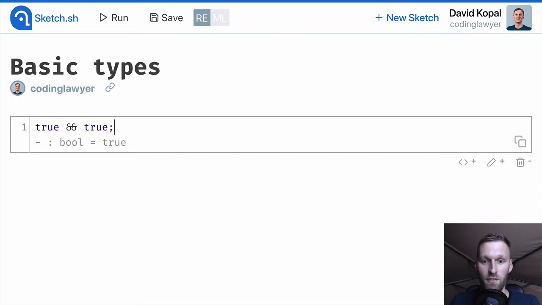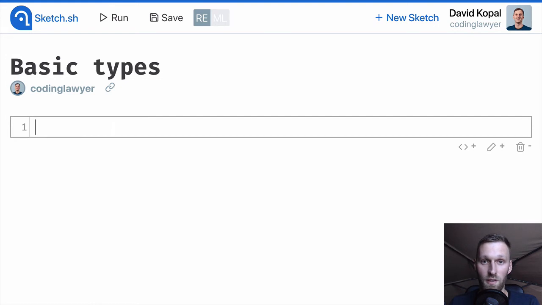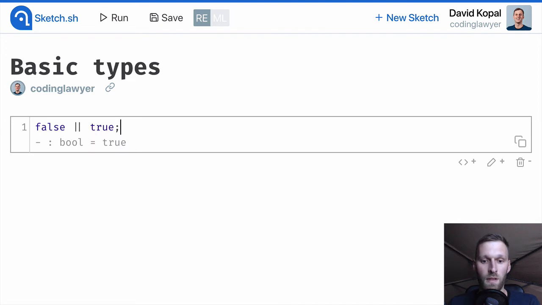Now let's take a look at disjunction. A disjunction is a logical OR, and it's represented by a double pipe operator. Now, if any of its expressions is true, then it returns true. Otherwise, it returns false. Now, since one of our expressions is true, we got back true.